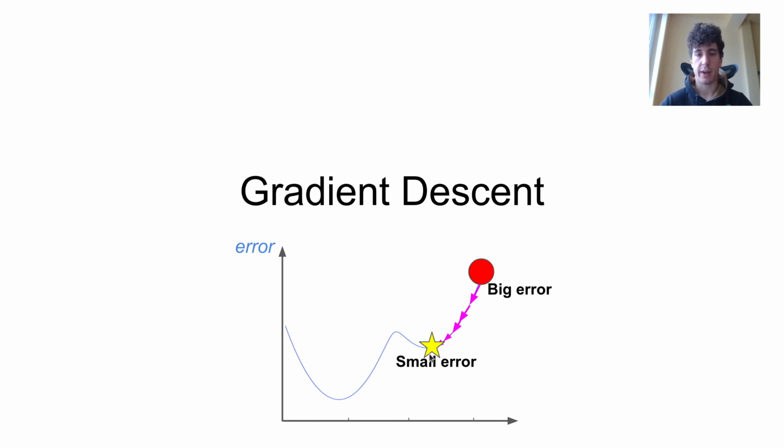We want to go as low as possible. With gradient descent, you won't get to the best thing ever. You will get to the closest minimum. So this will be our goal right here, to improve the error as much as we can.